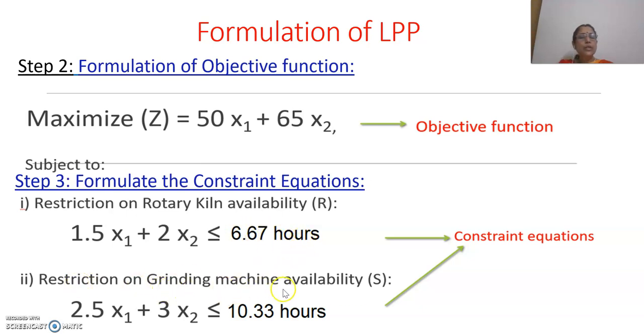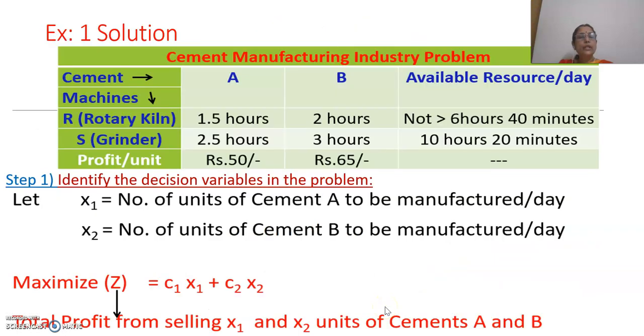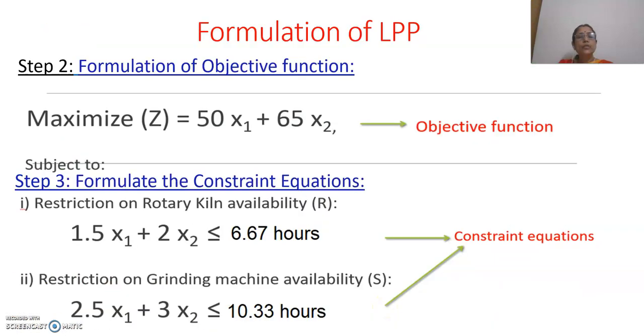Similarly, the restriction on grinding machine time availability can be written as 2.5 x1 plus 3 x2 less than or equal to 10.33 hours. So these two are the constraints. Finally, we have the non-negativity constraint, which is x1, x2 greater than or equal to 0. So this is how we formulate the problem.